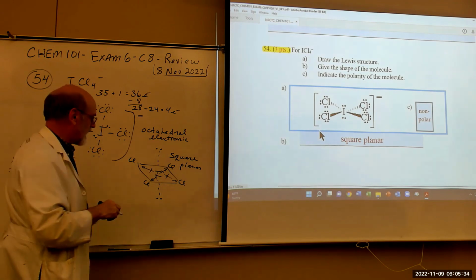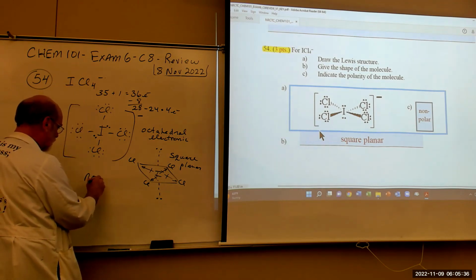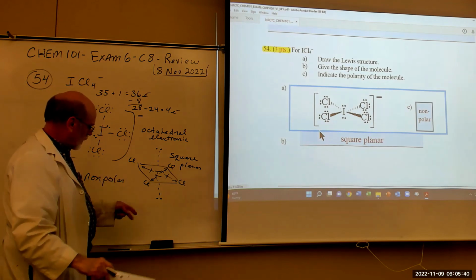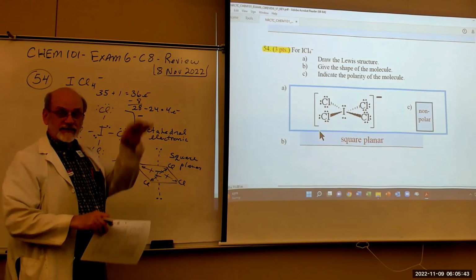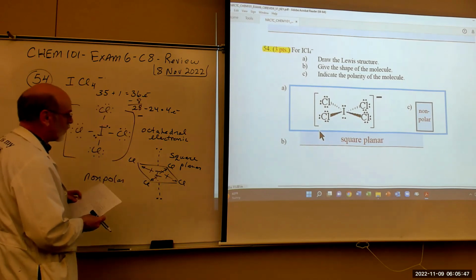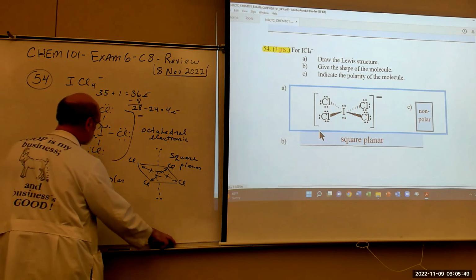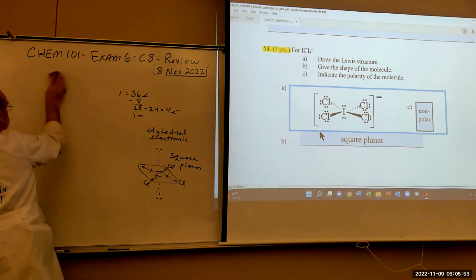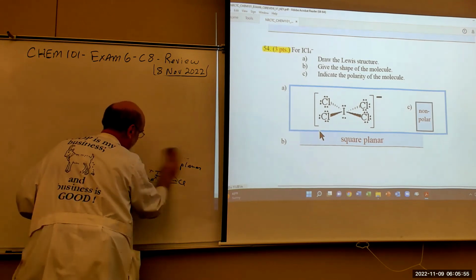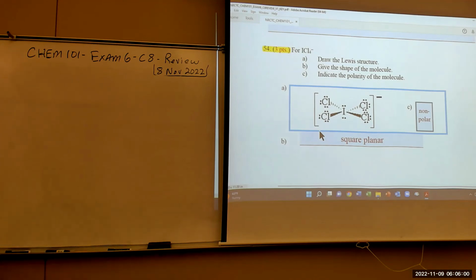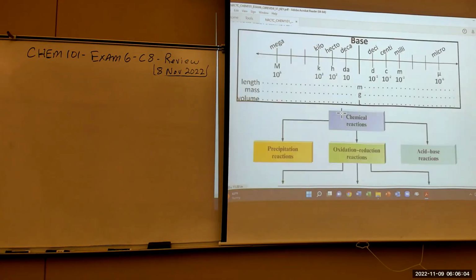So they cancel each other out. This is a non-polar molecule. And if you're worried about these lone pairs, they're opposite one another. They cancel each other out too. This is a non-polar molecule. All right. 54. That's it.